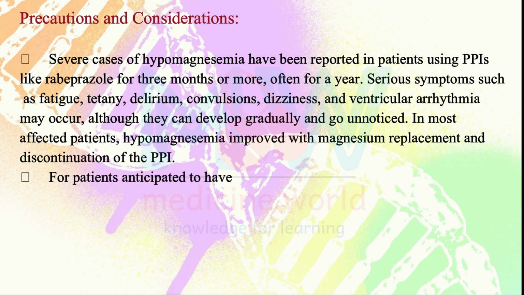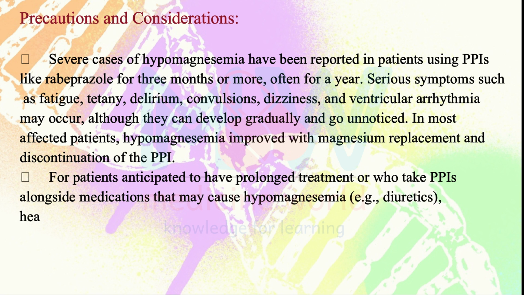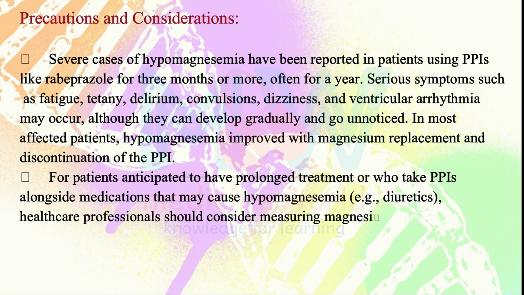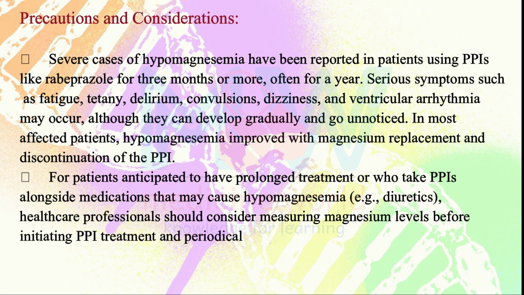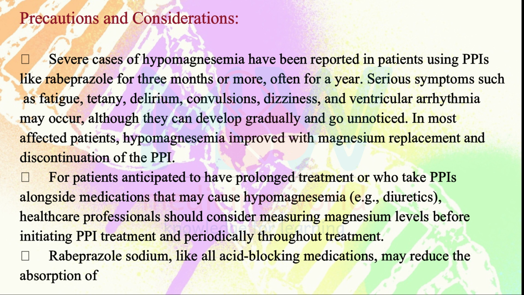For patients anticipated to have prolonged treatment, or who take PPIs alongside medications that may cause hypomagnesemia, such as diuretics, healthcare professionals should consider measuring magnesium levels before initiating PPI treatment and periodically throughout treatment. Rabeprazole, like all acid-blocking medications, may also reduce the absorption of vitamin B12.